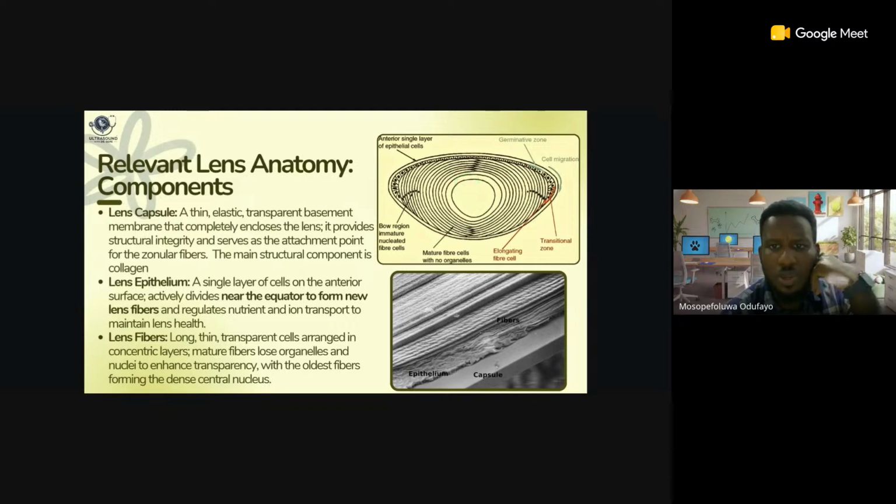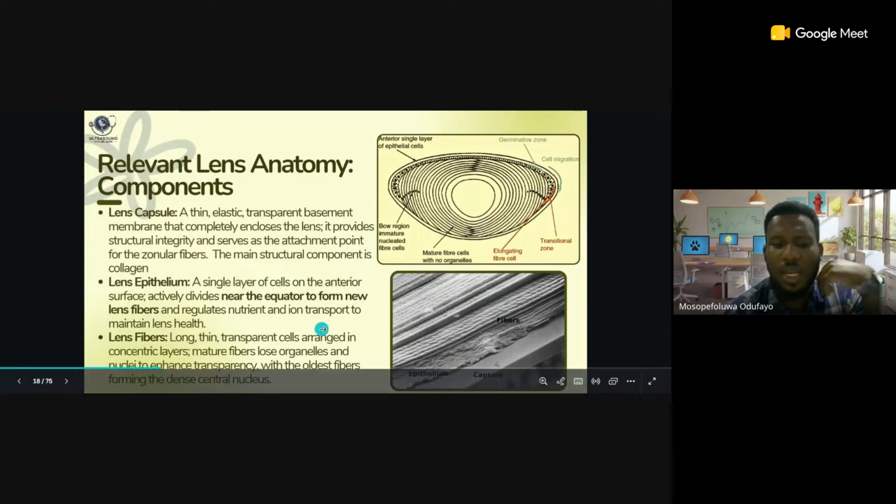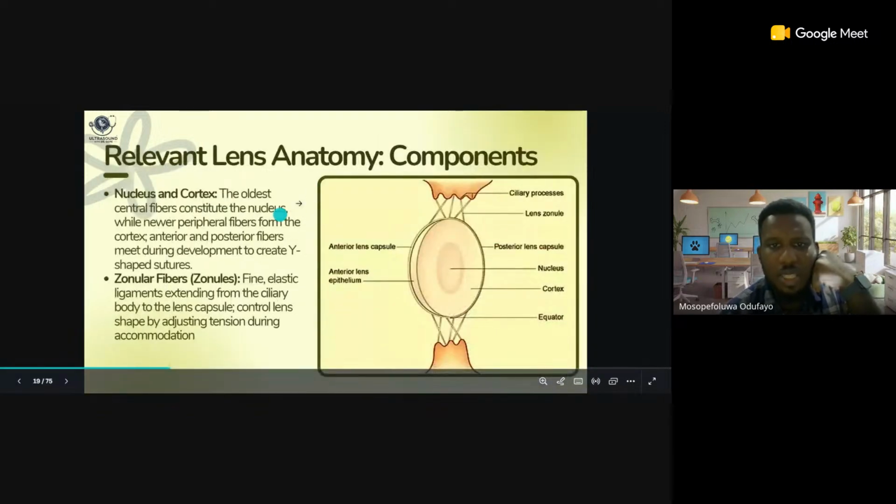So again: anterior, the capsule, then anteriorly a layer of cuboidal cells. Towards the equator they divide and differentiate towards the center. Once they differentiate, they elongate, lose their nucleus, and form the lens fibers. The most compact central ones represent the older lens fibers.